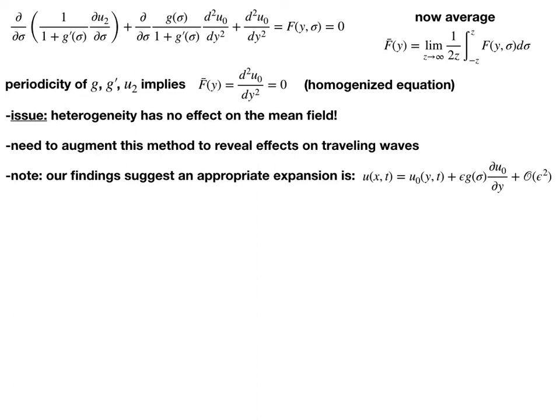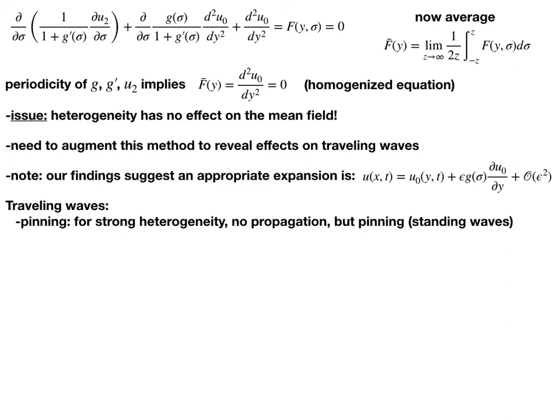This we got through that one step of averaging. So we will use one result from averaging in our perturbation expansion, but we won't average everything out in terms of the primary PDE.